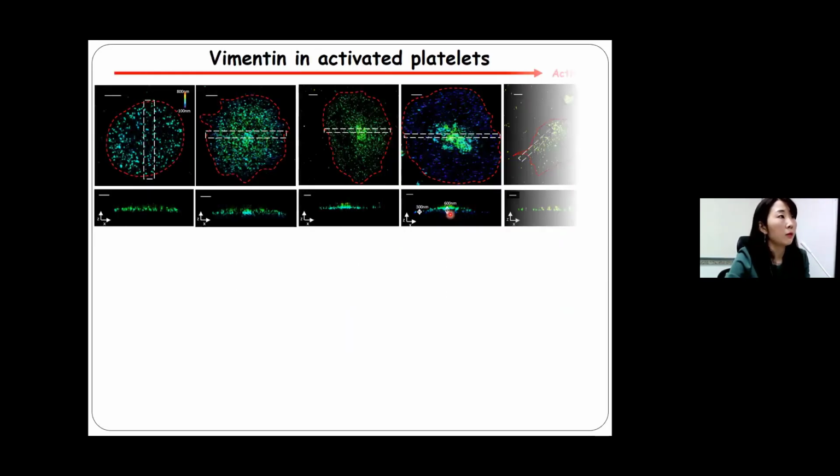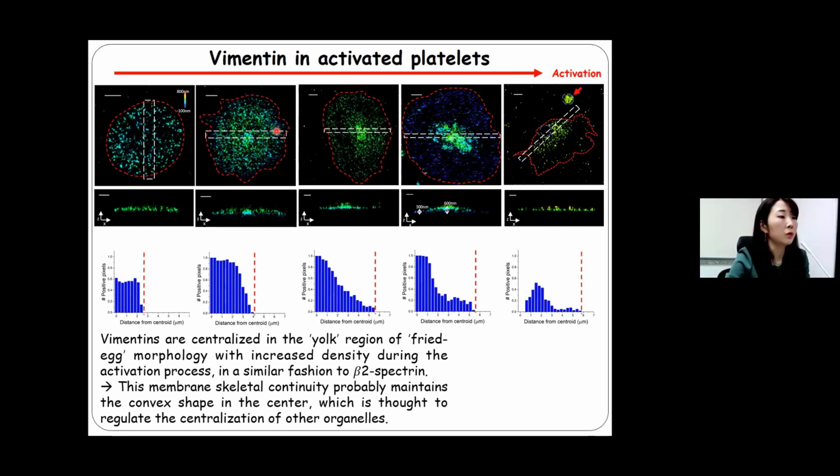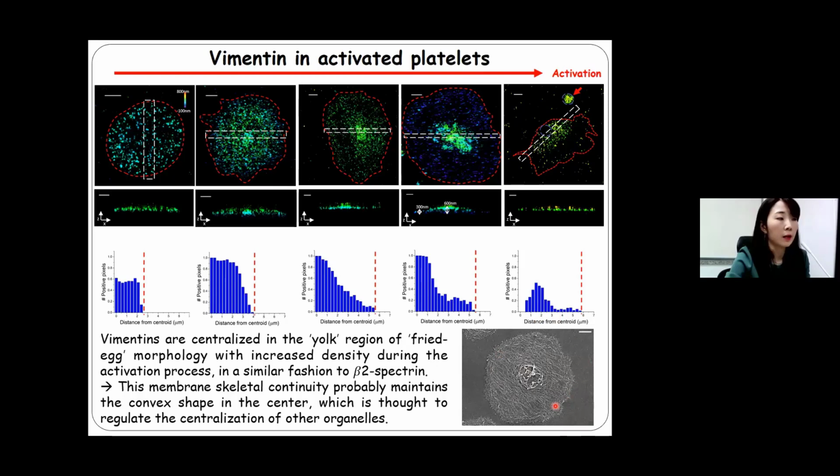In a similar way, vimentin also shows this centralization in the yolk region of this fried egg morphology, with increased density during this activation process. It implies that this membrane skeleton probably maintains this convex shape in the center to regulate the centralization of some organelles. So from this observation, our next question was, what kind of organelle would be centralized under this central region?